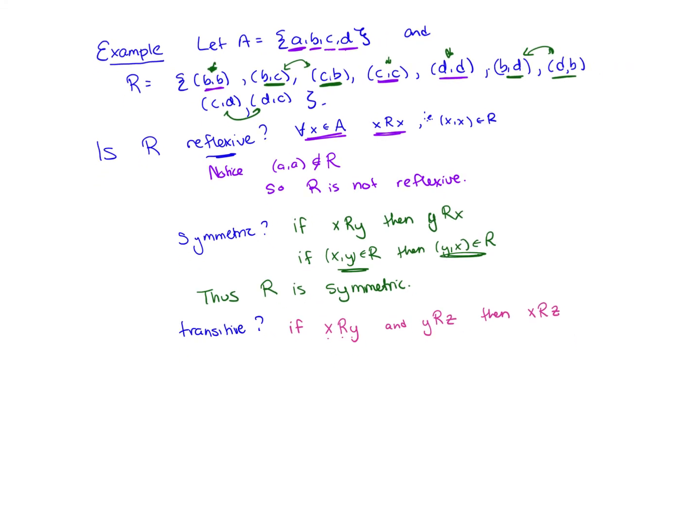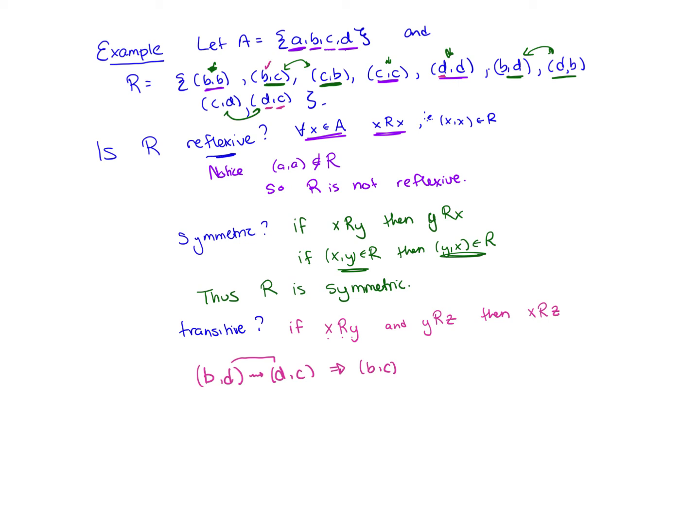So what do I mean by that? Let's see what I can chain. If I start with BD, because that's in my set, I can chain that with something else that starts with D. So I see that I have, say, DC. And since these two match, if it was transitive, then I must have BC in there, which I see that I do.